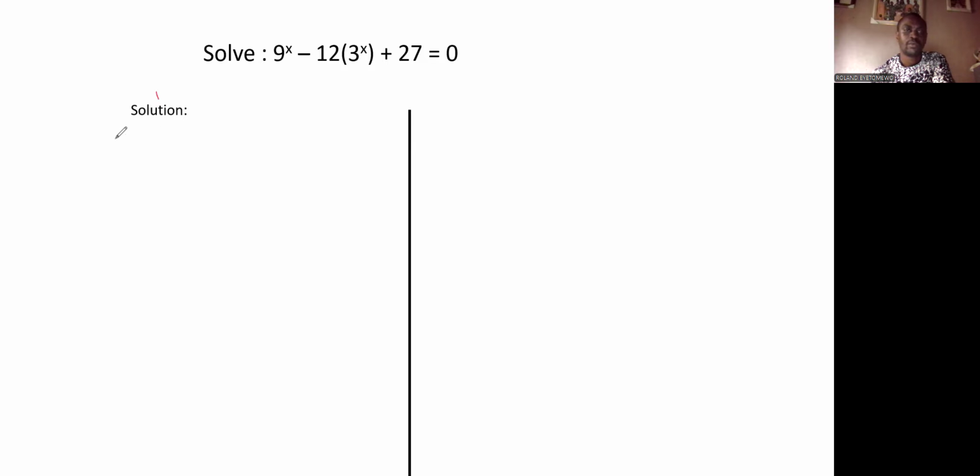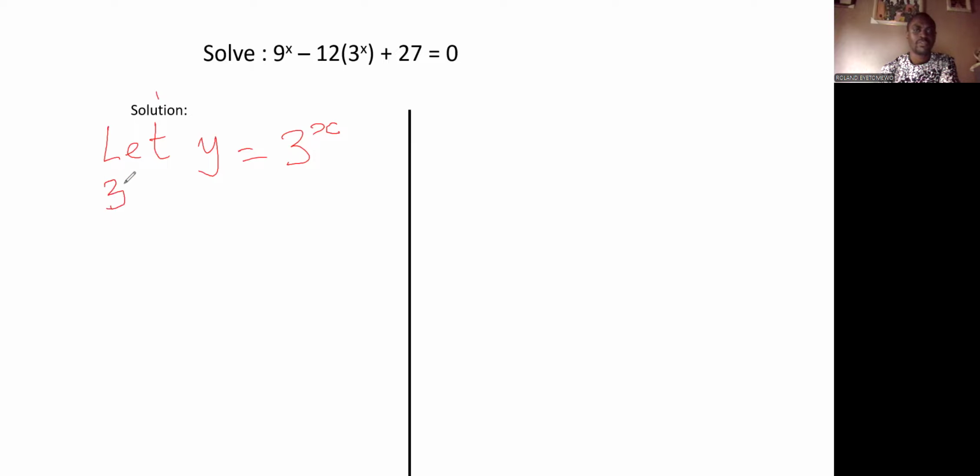So let y equal 3 raised to the power of x. Since y is equal to 3 raised to the power of x, 9 raised to the power of x, so 9 is 3 raised to the power of 2.